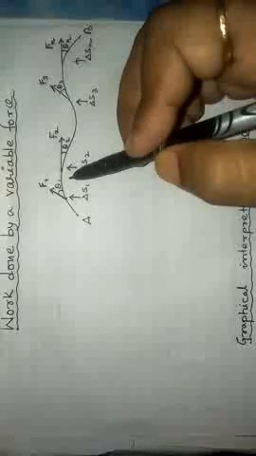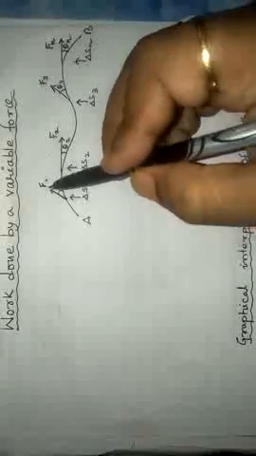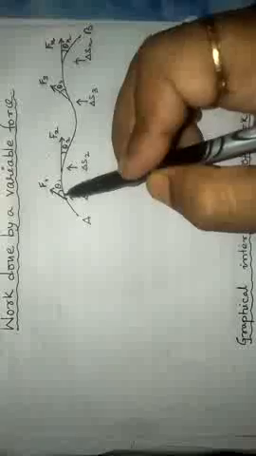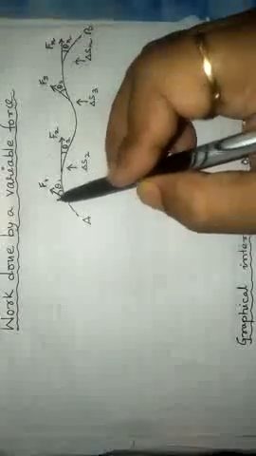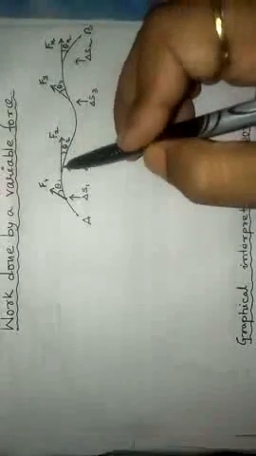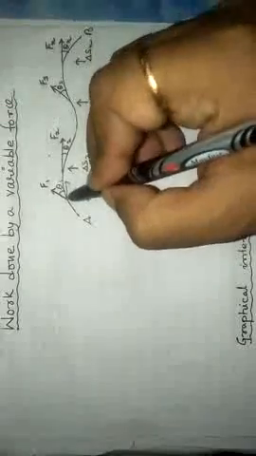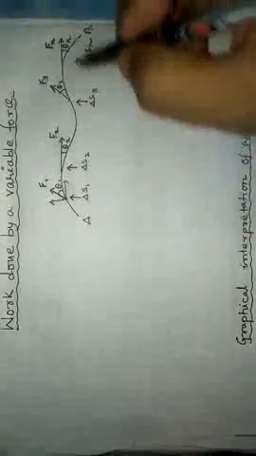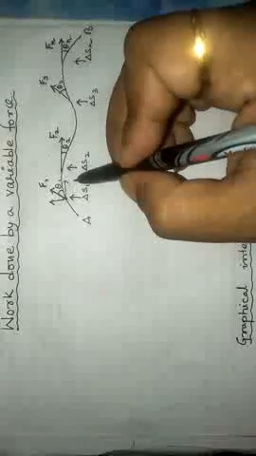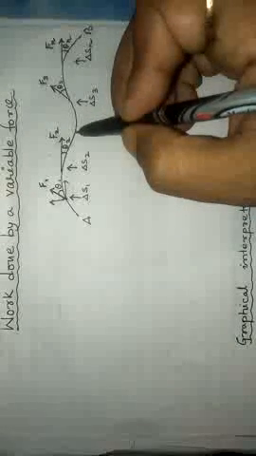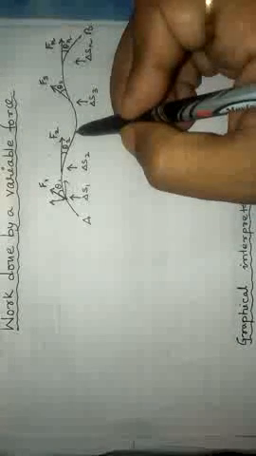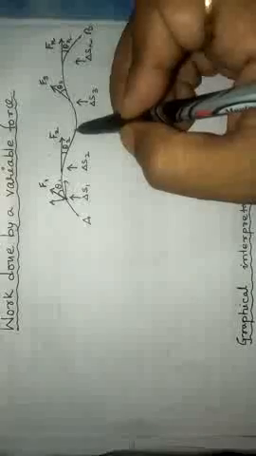Now if you resolve F1 into two components, they are F1 cos theta and F1 sin theta. So all the forces have two components, a cos component and a sine component. Along the direction of motion, only the cos component of the force is taken into account.